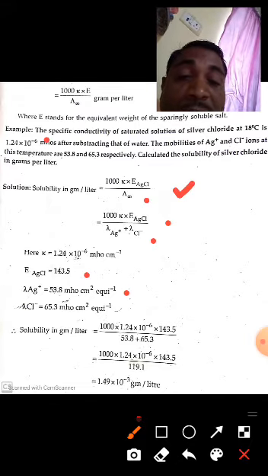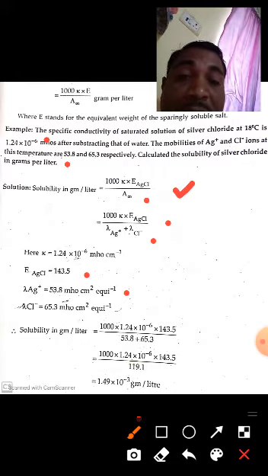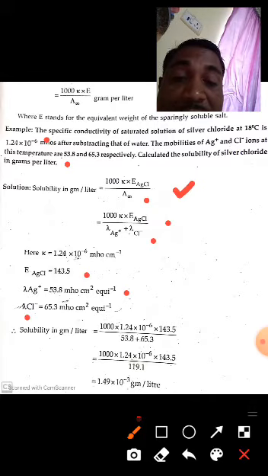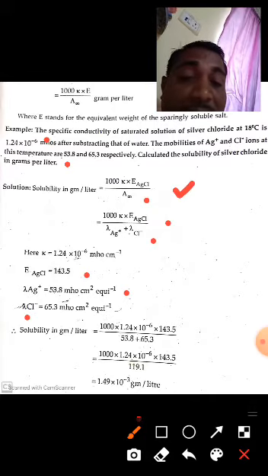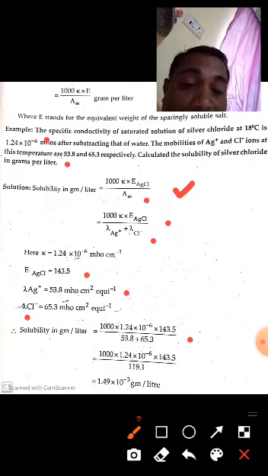The ionic conductance of Ag positive ion is given in the above problem, as well as the equivalent conductance of Cl negative ion, 65.3. Then we put all these values of specific conductance, equivalent weight and ionic conductance of Ag and Cl negative ion in the solubility formula.